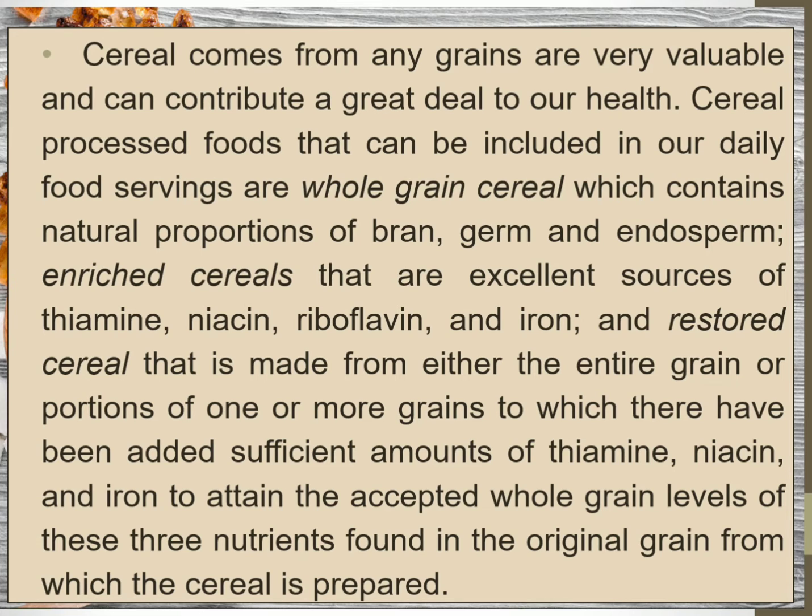Cereal processed foods that can be included in our daily food servings are whole grain cereal, which contains natural proportions of bran, germ, and endosperm; enriched cereals, that are an excellent source of thiamine, niacin, riboflavin, and iron; and restored cereals, that are made from either the entire grain or portions of one or more grains to which there have been added sufficient amounts of thiamine, niacin, and iron to attain the accepted whole grain levels of these three nutrients found in the original grain from which the cereal is prepared.